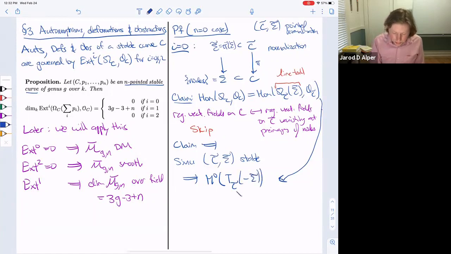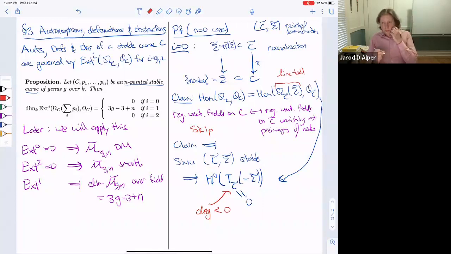And this is 0 because, since it's stable, the numerics imply that the degree of this is less than 0. Okay, that was the i equals 0 case.